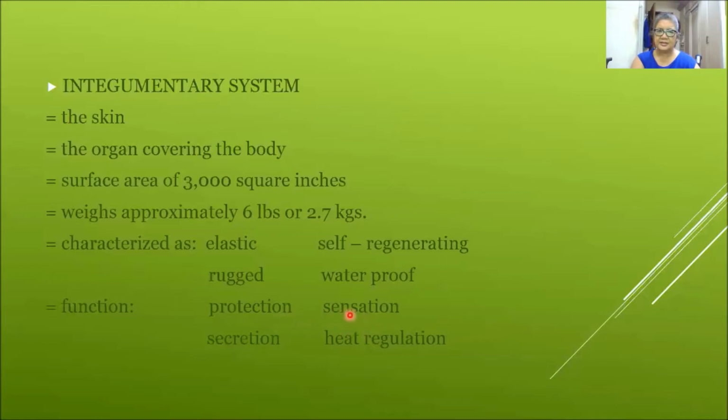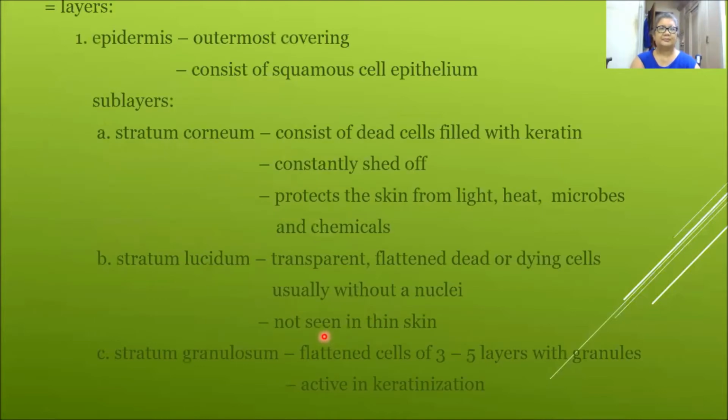Then another function is heat regulation, which I will explain further later. There are two layers of the skin. You have the epidermis, which is the outermost covering, and the dermis, wherein your appendages will be located.